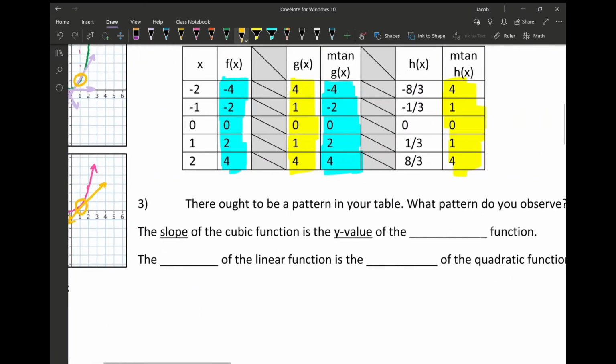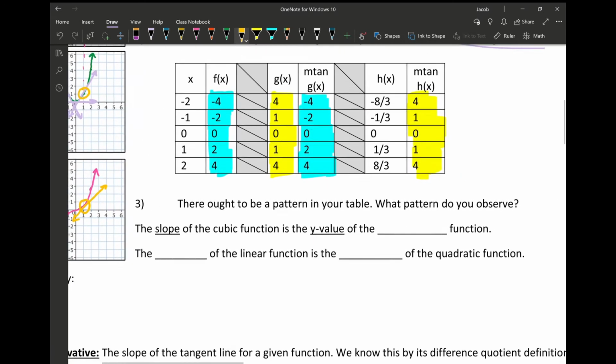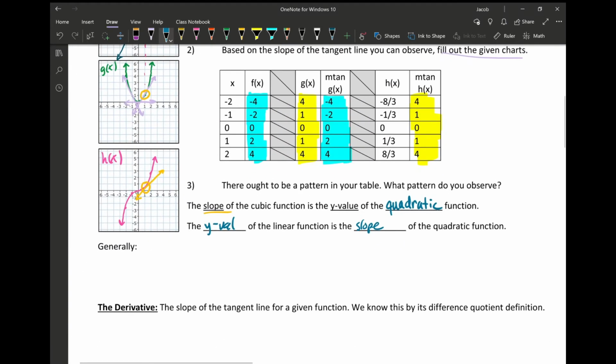So the pattern we're getting is the slope of the cubic function is the y value of the quadratic, the g of x function. And the y value of the linear function is the slope of the quadratic function. So these varying degrees are making a pattern.